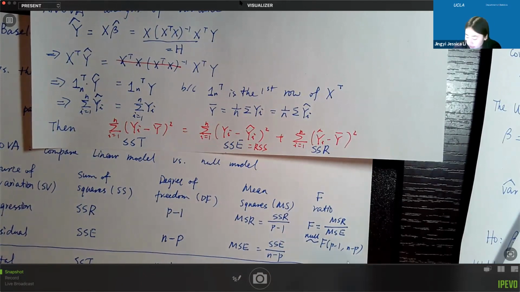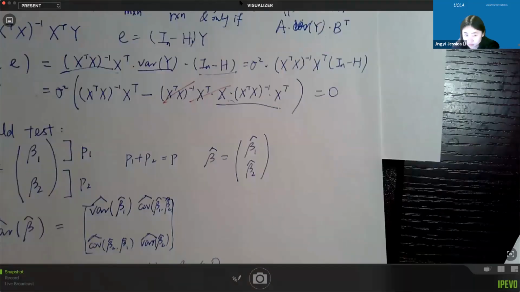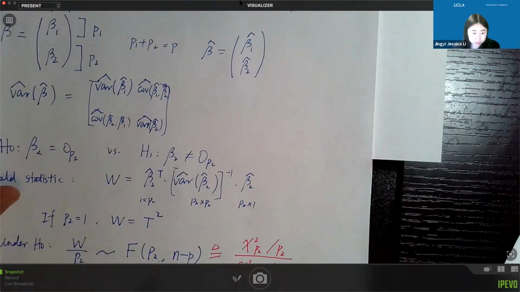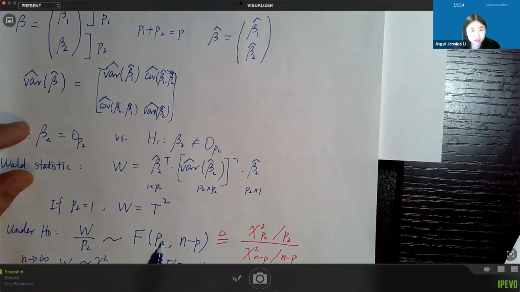The numerator degree of freedom is the number of additional parameters in your model compared with the null model, so you have p minus 1 additional parameters. Over here, if you check the Wald test, we have p2 and n minus p. Here, p2 is also the number of additional parameters in your model, and n minus p is the degree of freedom in your residual. So the same.